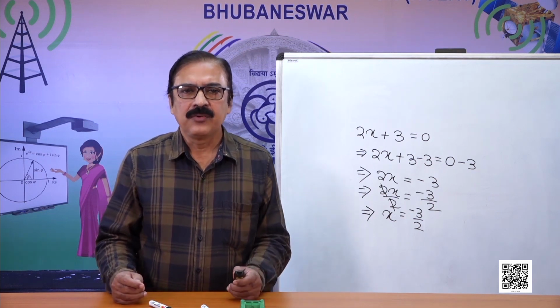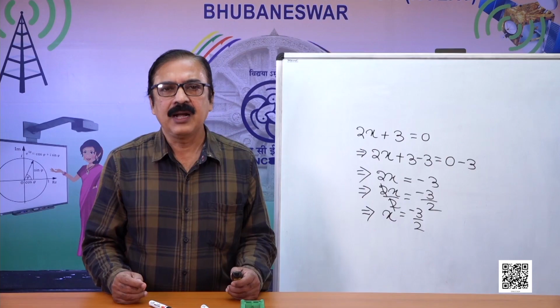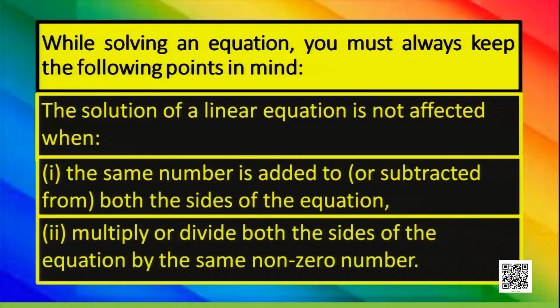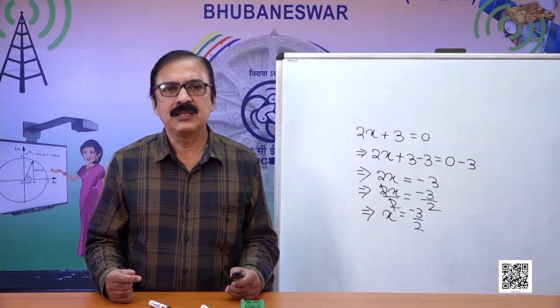Again, we can also say that the solution will not be affected if any number is multiplied or divided on both sides of the equation by the same non-zero number. Okay? Why non-zero?